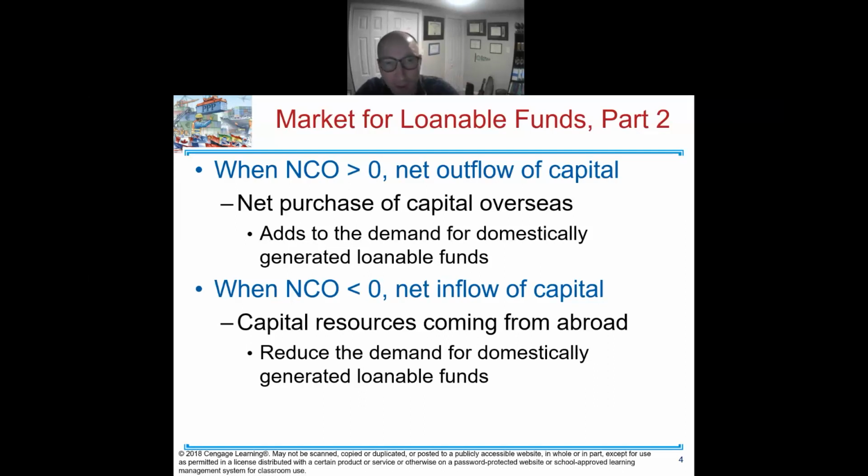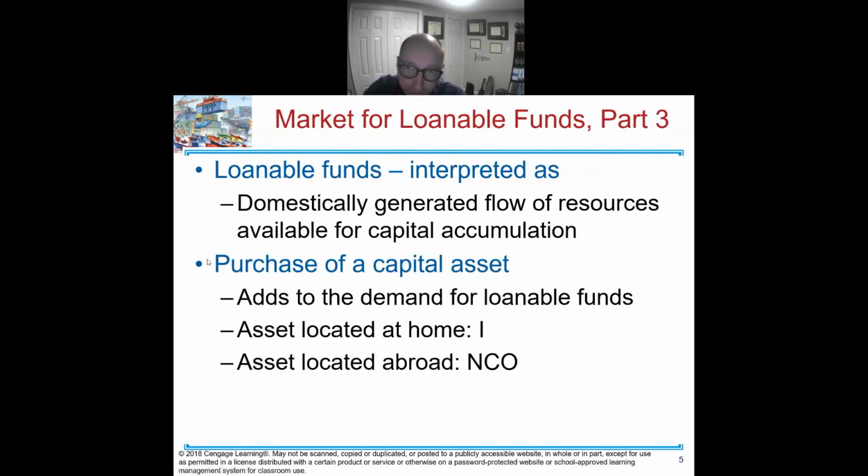When my net capital outflow is less than zero, the capital is coming from abroad. The demand domestically goes down for loanable funds. Loanable funds are generated domestically based off of what is available for capital accumulation. This comes from savings.